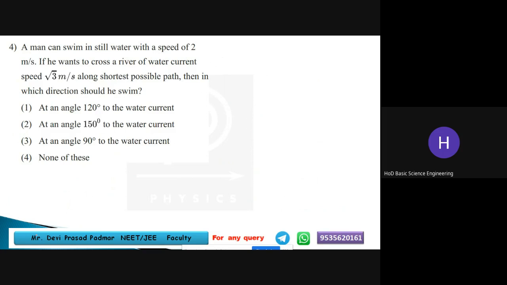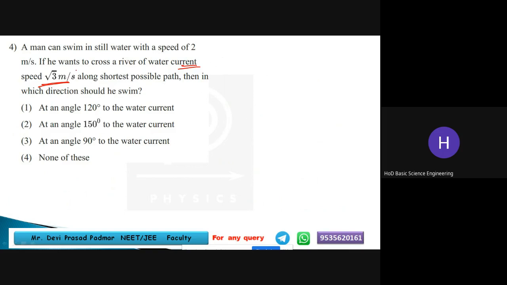A man can swim in still water with a speed of 2 meters per second. He wants to cross a river whose water current has a speed of root 3 meter per second. That means the velocity of water is root 3 meter per second.